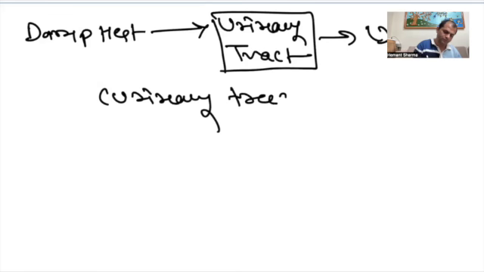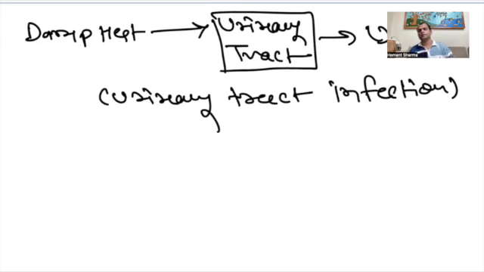And you know, one very common thing about the UTI, if the person is having UTI, getting frequent attacks of the UTI, sometimes every 3 months, and sometimes after every 6 months, sometimes once in a year.